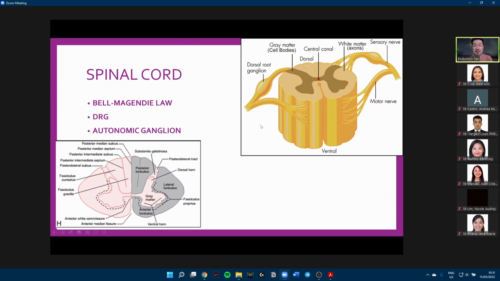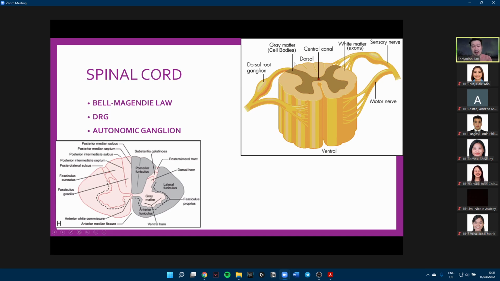Now, let's talk about the spinal cord. The spinal cord has another dictum, the Bell-Magendie law, that you have to remember. The Bell-Magendie law states that everything posterior or dorsal would have sensory or afferent function. Everything ventral or anterior would have motor or efferent function. Bell-Magendie law.